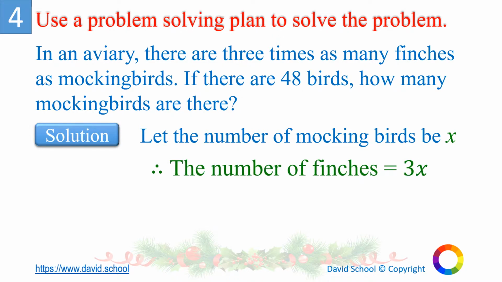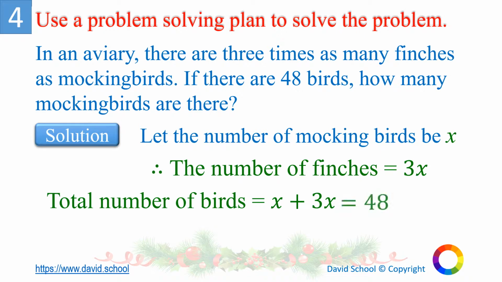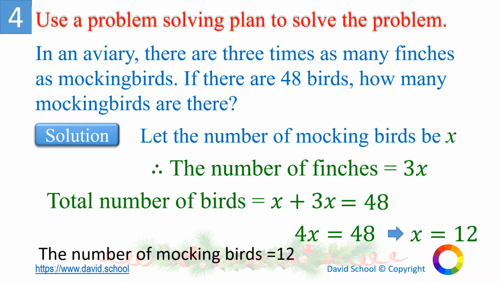Therefore, the number of finches will be 3x. The total number of birds is given as 48. Therefore, x plus 3x is equal to 48. 4x is 48, then x is 12. The number of mockingbirds is 12.